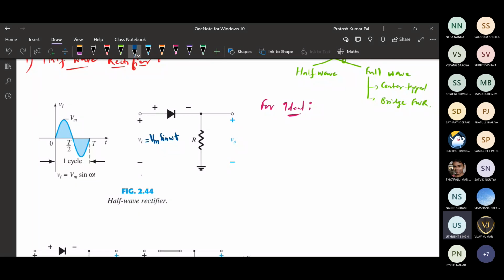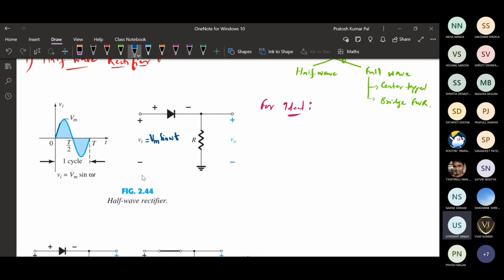So if the diode is ideal, whenever we are applying a value that is greater than 0, that means it is a positive value, this diode will be on. Once it is on, it will be behaving like a short circuit.